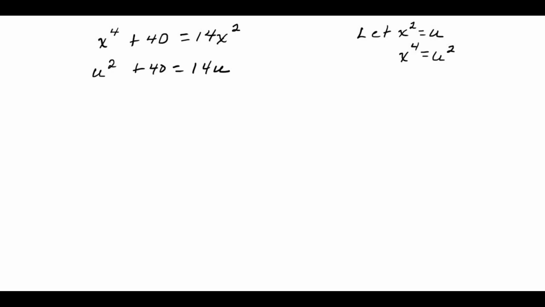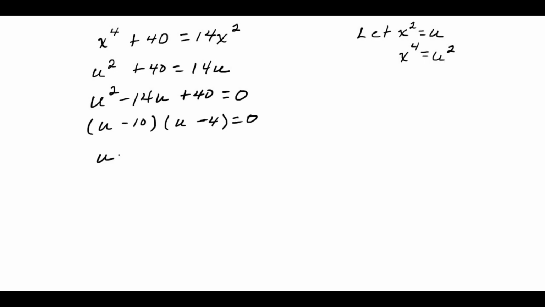This is a quadratic equation. I need to get everything to one side of the equal sign to set this equal to 0, so I can factor this, set each factor equal to 0, and solve. So I get u to equal 10, or u to equal 4.